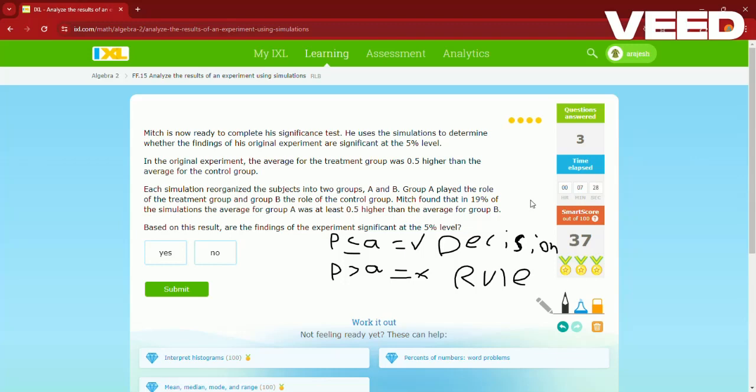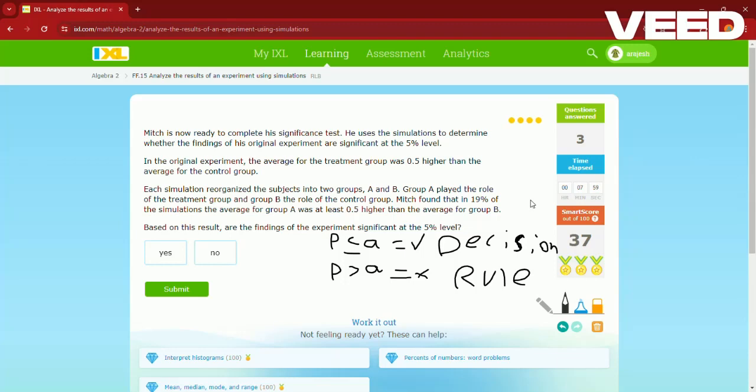Each simulation reorganized the subjects into two groups, A and B. Group A played the role of the treatment group, and Group B the role of the control group. Mitch found that in 19% of the simulations, the average for Group A was at least 0.5 higher than the average for Group B. Based on this result, are the findings of the experiment significant at the 5% level?